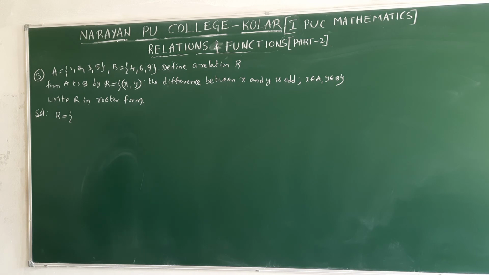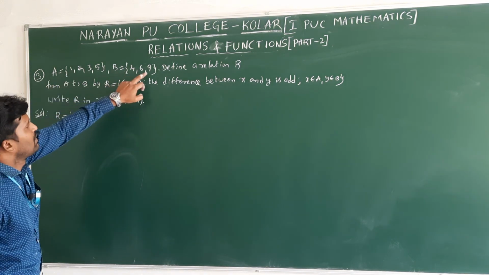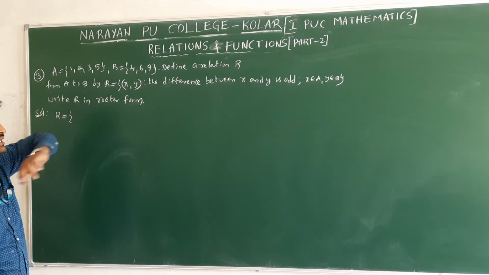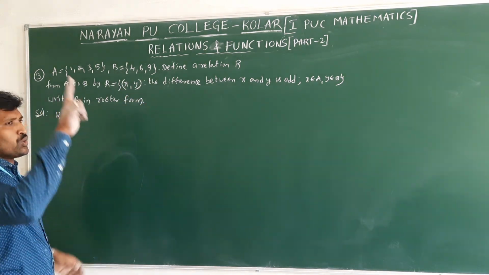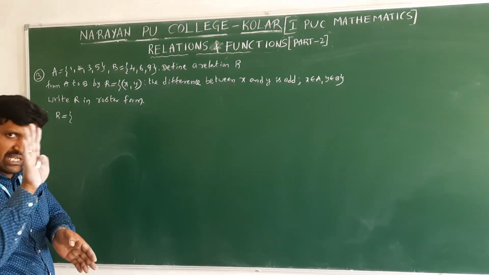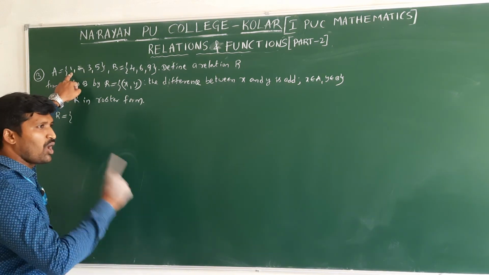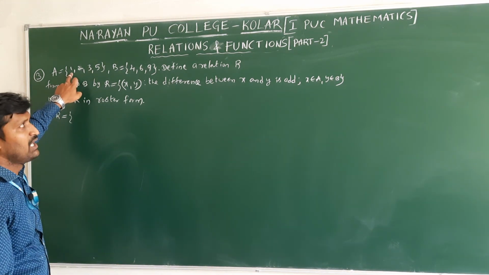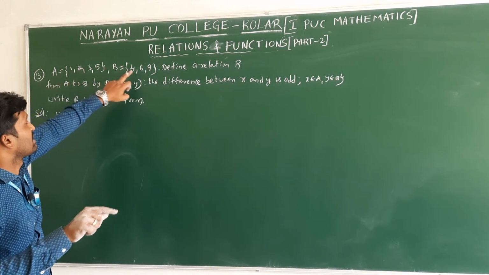Remember one thing, the difference between two odd numbers gives an even number, because 1 minus 3, for example 1 minus 9, minus 8, this even number we get. Two even numbers' difference is also an even number only. That's why we need to take the difference between one odd and one even, because the difference between one odd and one even gives an odd number.